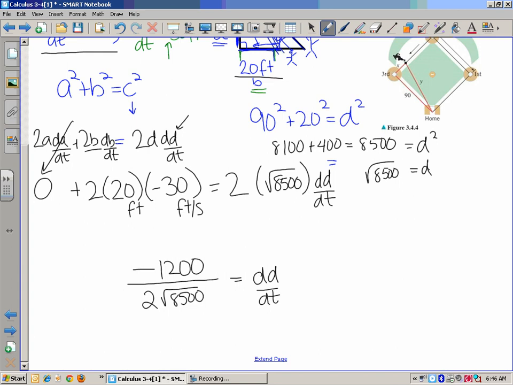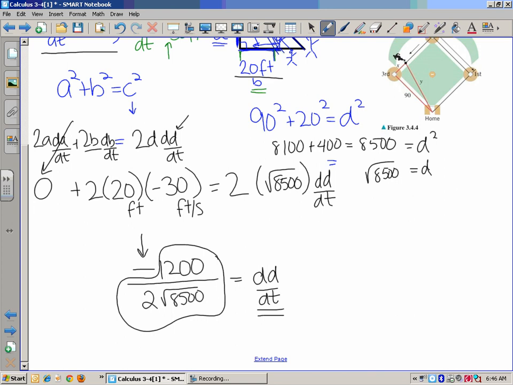Here's the important part. What this says is that the distance to home is decreasing at a rate of 1200 divided by 2 root 8500 feet per second. Where's my units? Feet per second, correct?